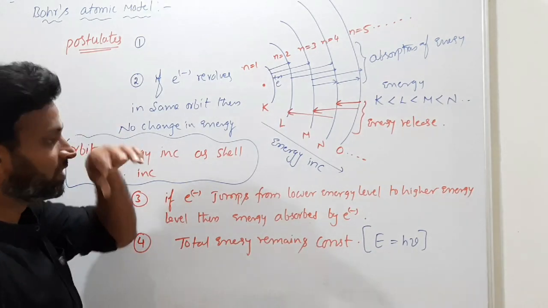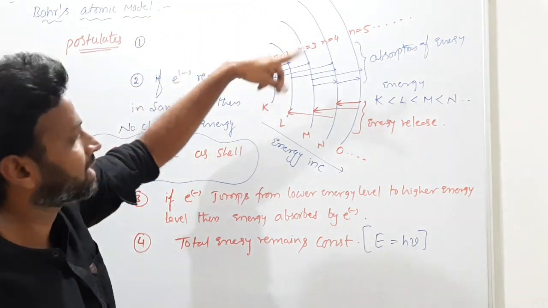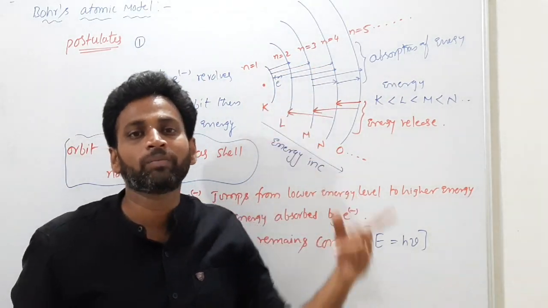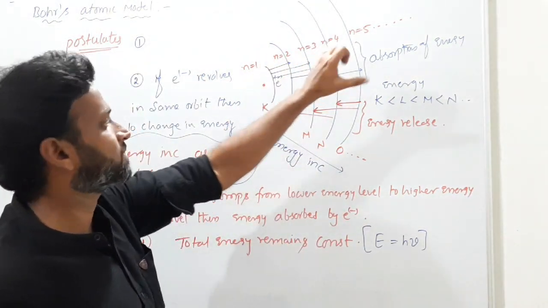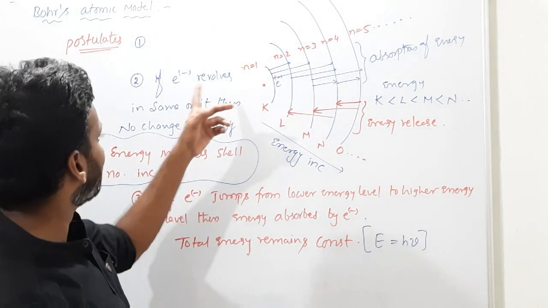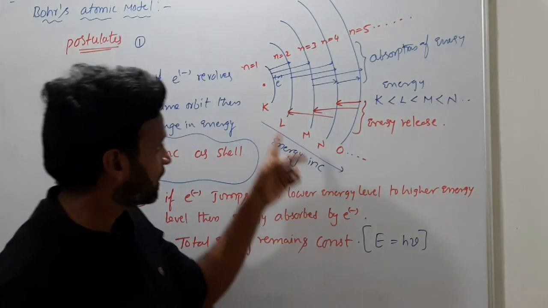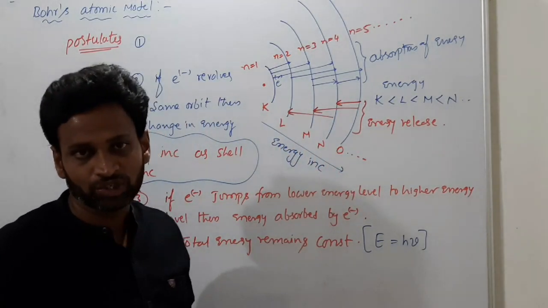So till now what we discussed, if you see one by one: electron is revolving in circular paths which we call orbits or shells with high speed. First point. And the second point is, if electron revolves in the same orbit, then there is no change in energy. This is the increasing order of energy.